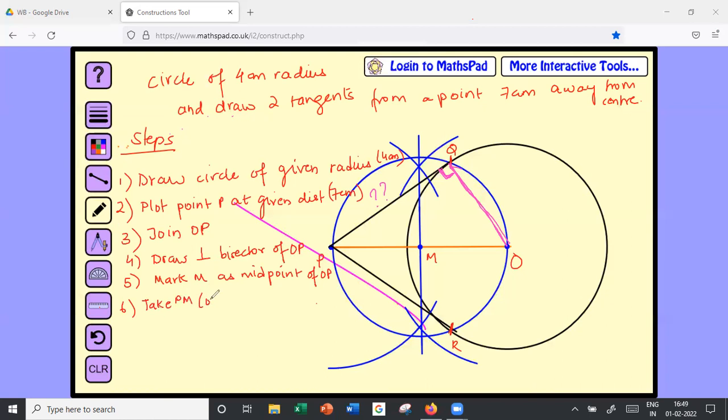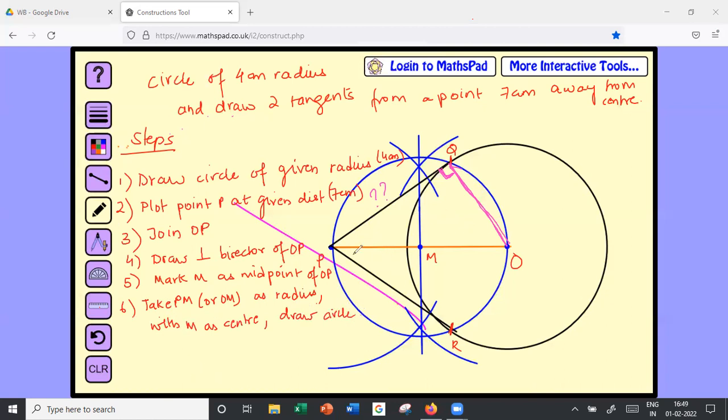Then you take PM or OM as radius. Both are the same because you've perpendicularly bisected the line. It doesn't really matter. With M as center, draw a circle.